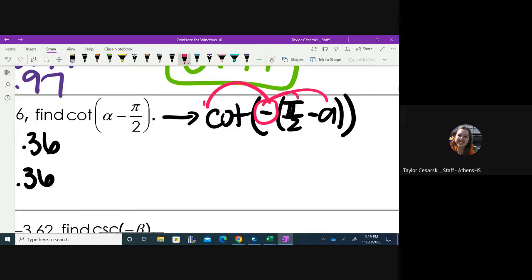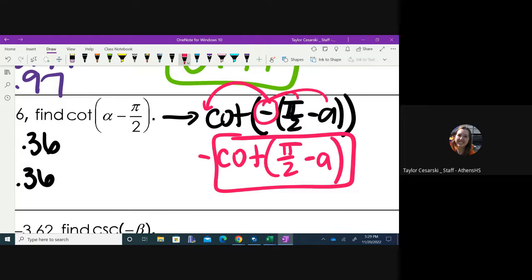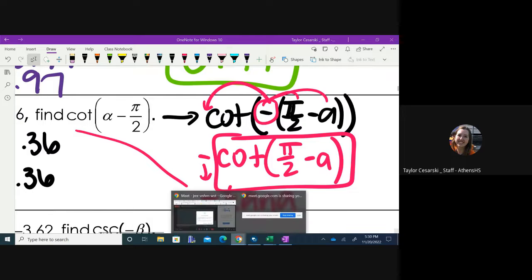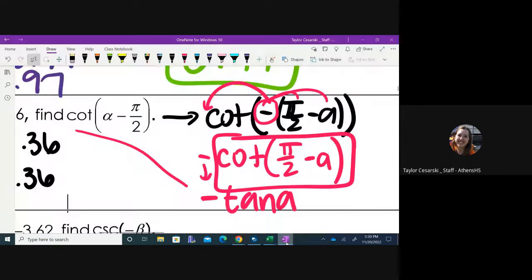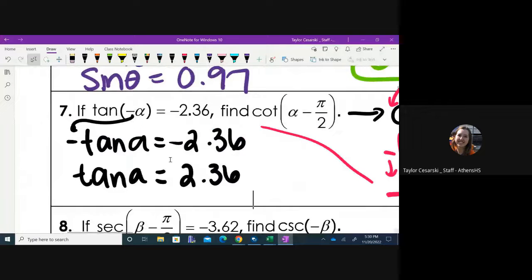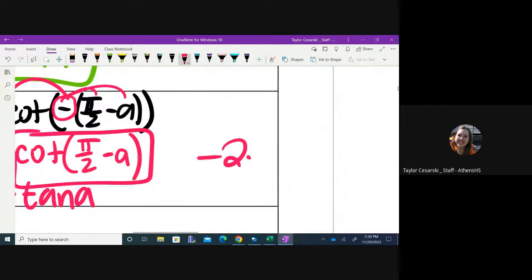Well, cotangent is also odd, so that negative can be pulled out front. And cotangent of pi over 2 minus A is the same as tangent of A. The only thing we don't want to forget is we are really trying to find negative tangent of A. We actually already had that up here. That's going to be negative 2.36.